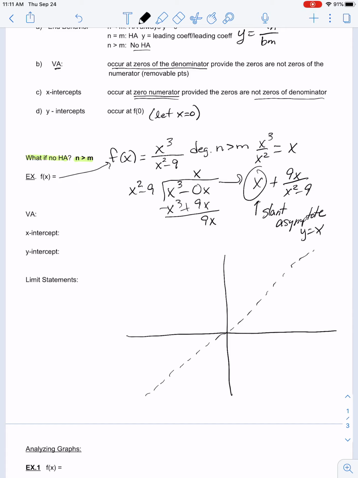All right, and then if we look at this function a little further, since I started the graph, over here at x equals 3 and x equals negative 3, we'll have your two vertical asymptotes. Okay, and I guess I'm getting ahead of myself here, but the vertical asymptotes are going to be x equals plus or minus 3.